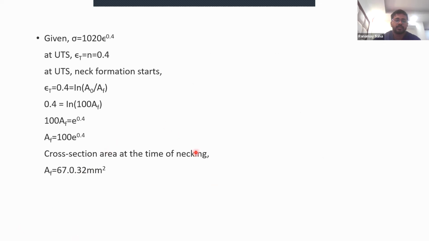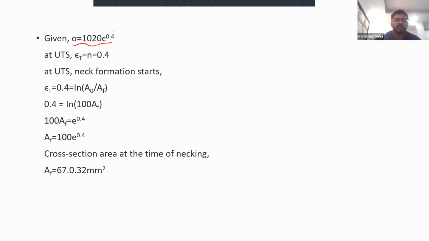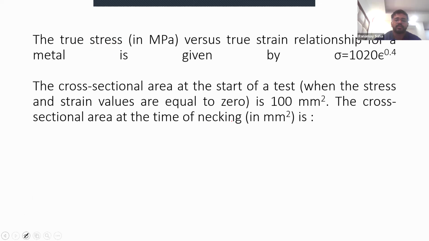Let me show you the solution, right? So the stress strain relationship which has been given in your question is like this. Your stress is related with strength coefficient K as 1020, okay, and the n is 0.4. Now the question says the initial cross section is 100. You have to find out the final cross section at the time of necking. So what happens at the time of necking?